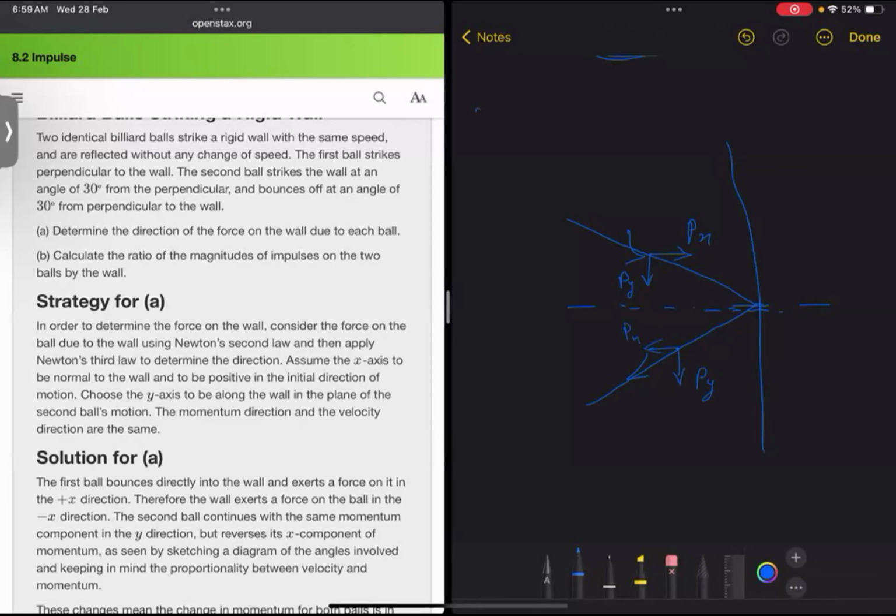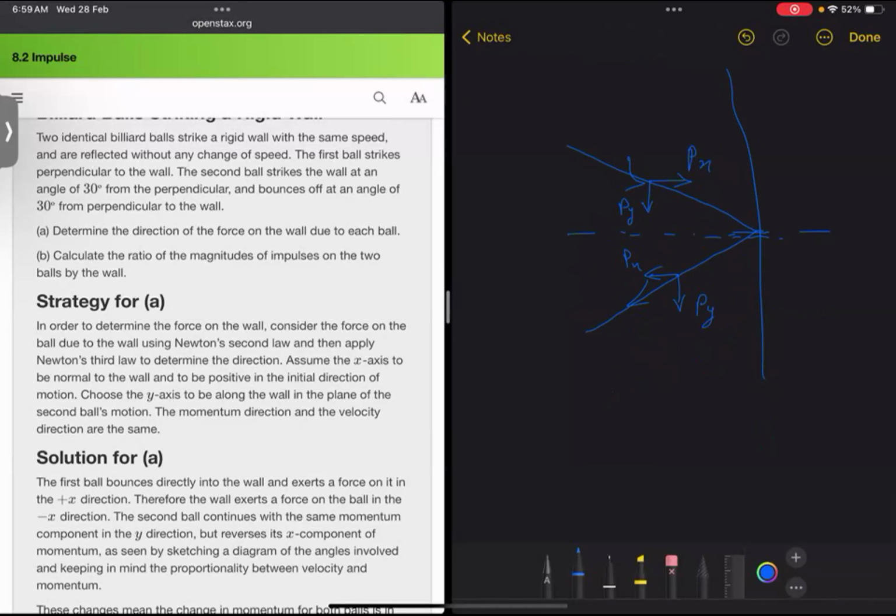Okay. So what is the horizontal component of the initial momentum? Or if you don't want to calculate the horizontal component of initial momentum, you can use the fact that momentum is a vector. So the initial momentum is p_i, mass multiplied by velocity.